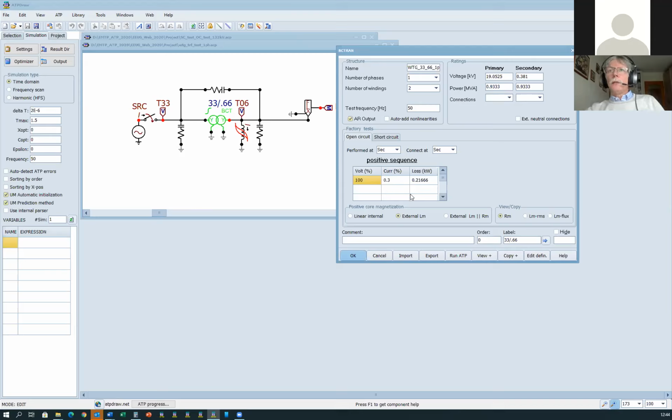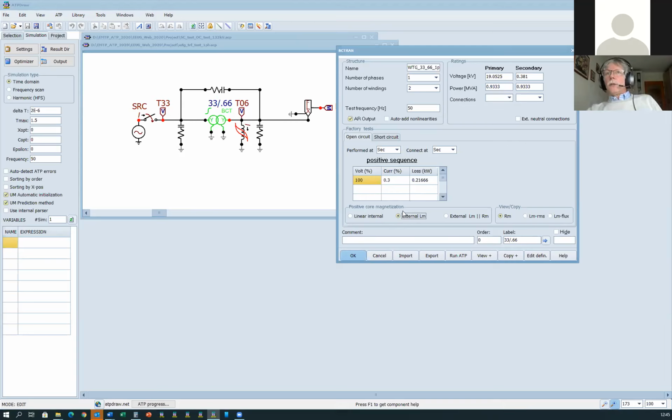What is important is to use this external LM option, because the most straightforward one is the linear internal modeling, but if you choose this option, the transformer will not operate as we intended.